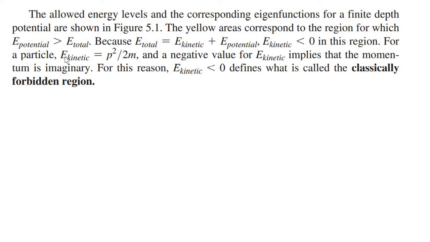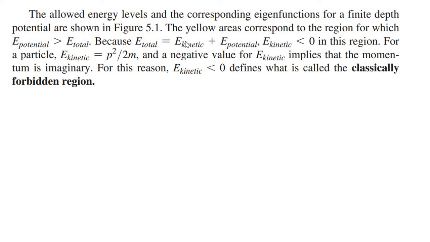If the potential is V0 and the energy of the particle is less than V0, then E total is kinetic plus potential. But since potential is greater than E total, kinetic has to be negative, right?